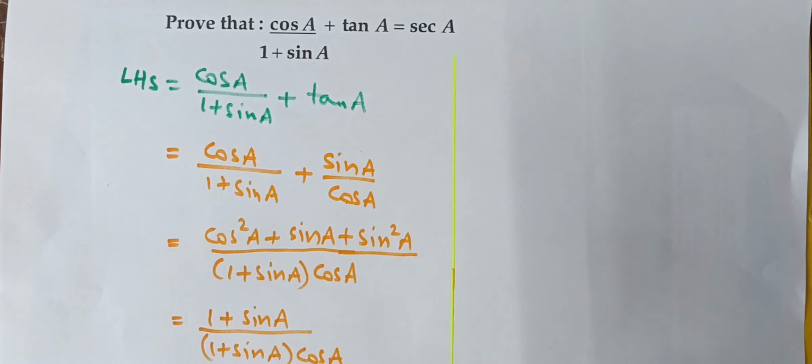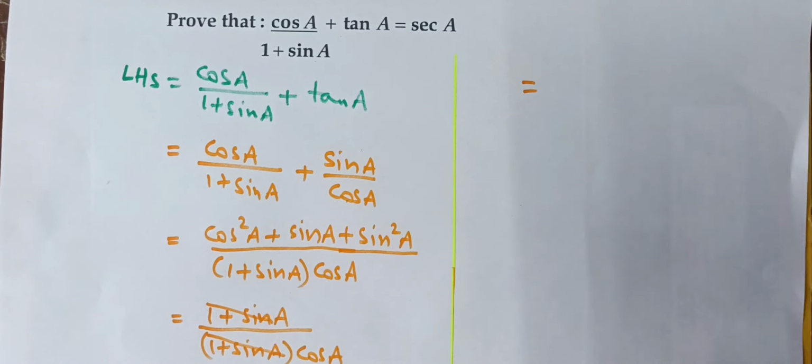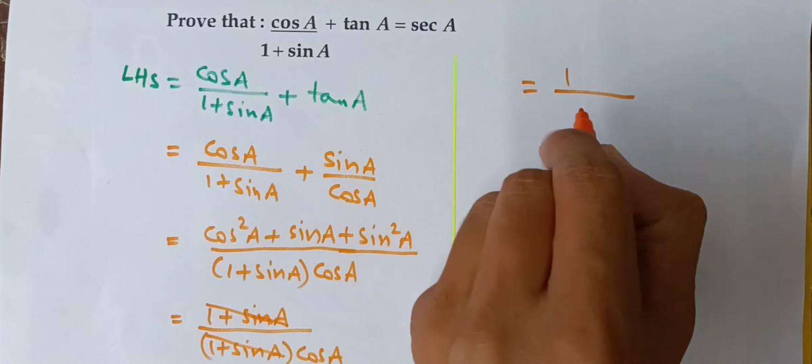Then in the numerator 1 plus sin A, in the denominator also 1 plus sin A, so we can cancel out the same terms. After that cancellation, nothing is left in the numerator, so finally it becomes 1. In the denominator cos A is there.